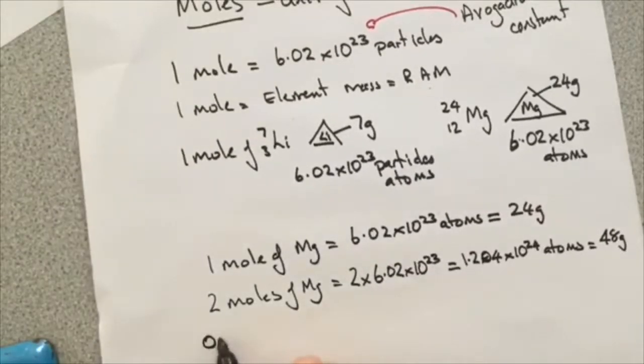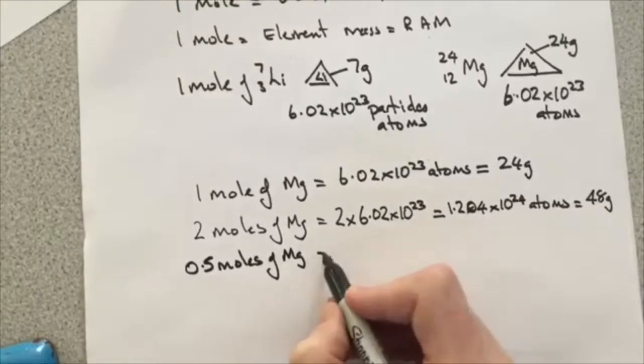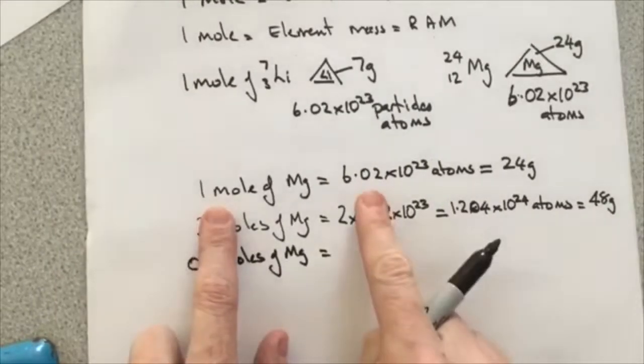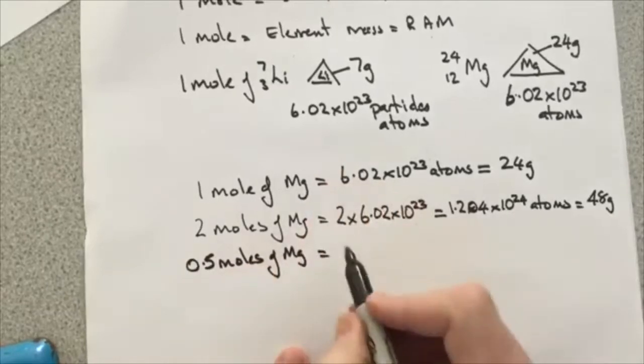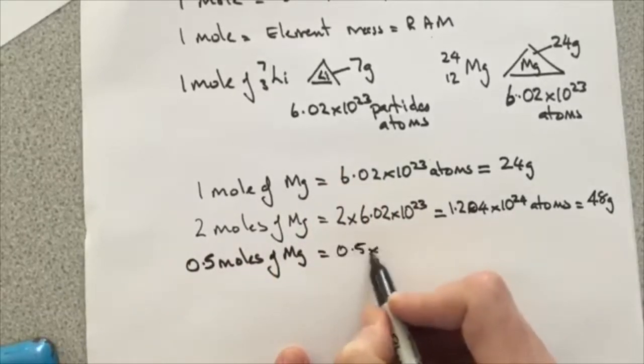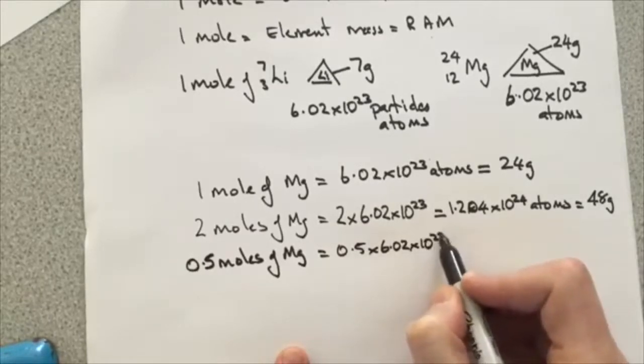Let's say, a little tricky one, I have got 0.5 moles of magnesium, so I've got a bit less now than I started with. Then all I've got to do, if 1 mole is 6.02 times 10 to the 23, and I've got half a mole, is take half this amount. So it's going to be 0.5 times 6.02 times 10 to the 23.